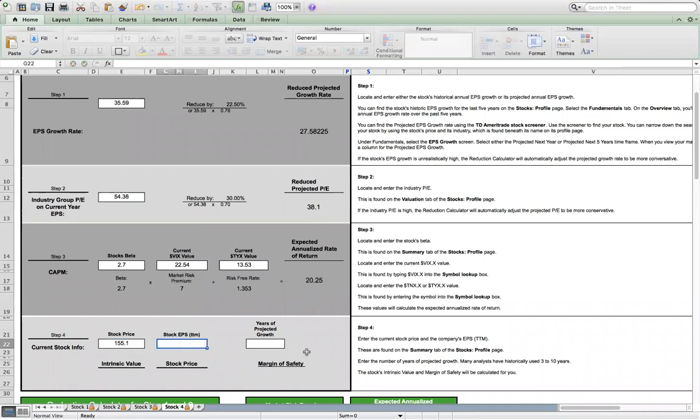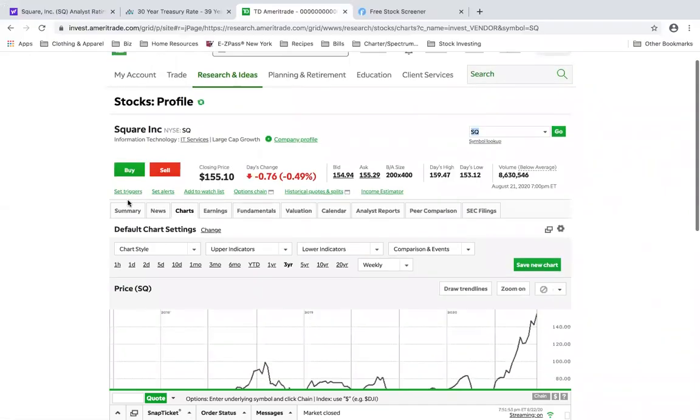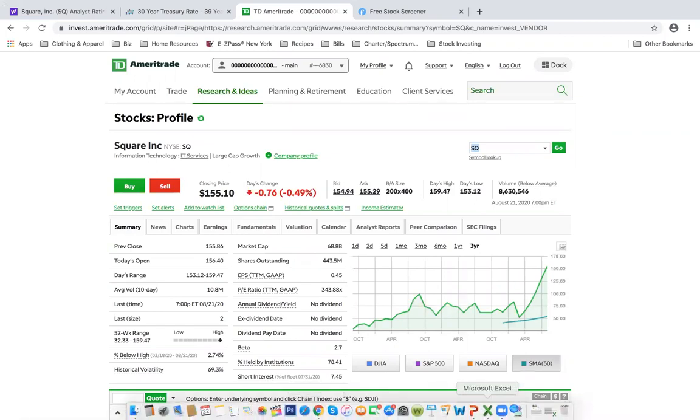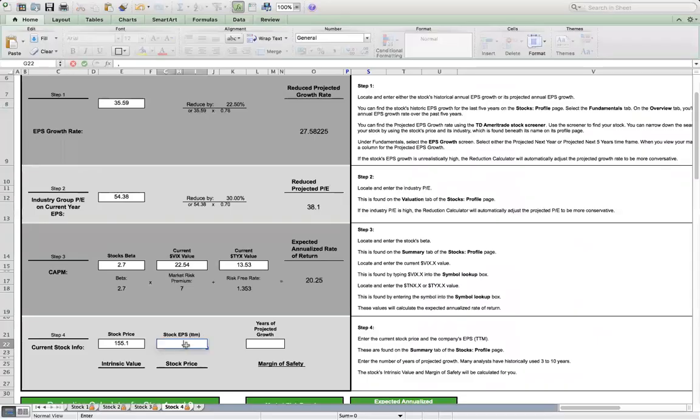The stock EPS, and it used the trailing 12 months EPS. 0.45. I saw where you got that number from. Can you show them where you got that number from? Which one? That 0.45. Okay.